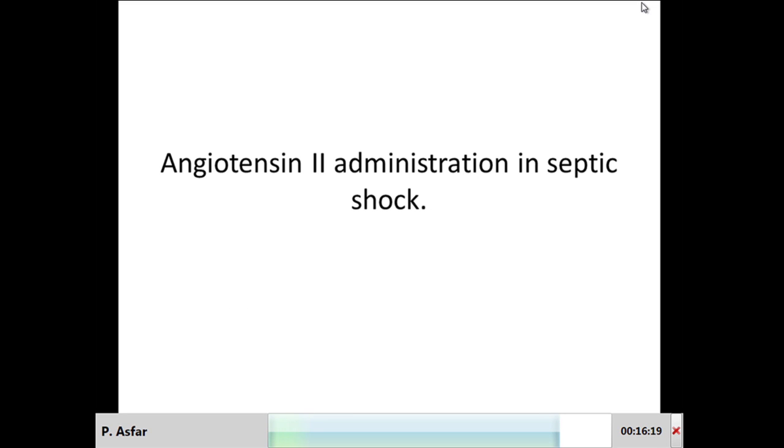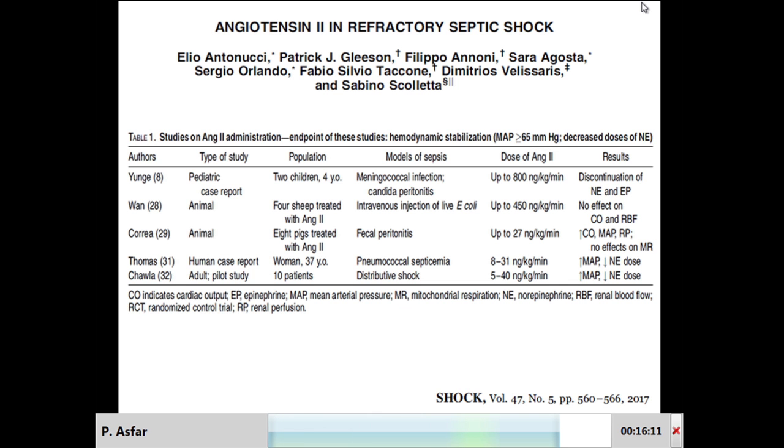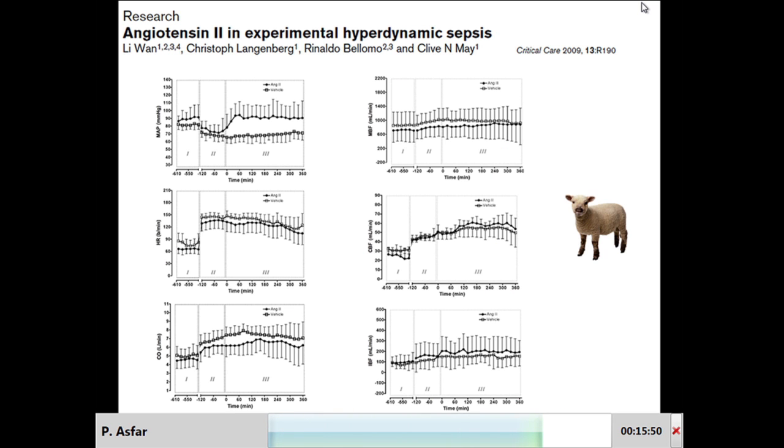So what happens now when we administer angiotensin in patients or animals in shock? There are very few data, and some case reports are reported, but only 3 reliable studies are available, 2 in animals and 1 short pilot study in patients. So I will comment on these studies.